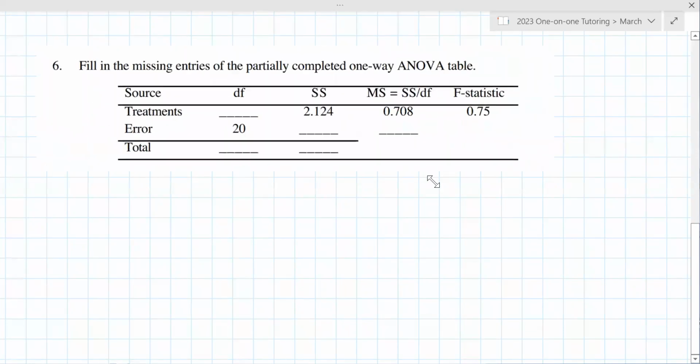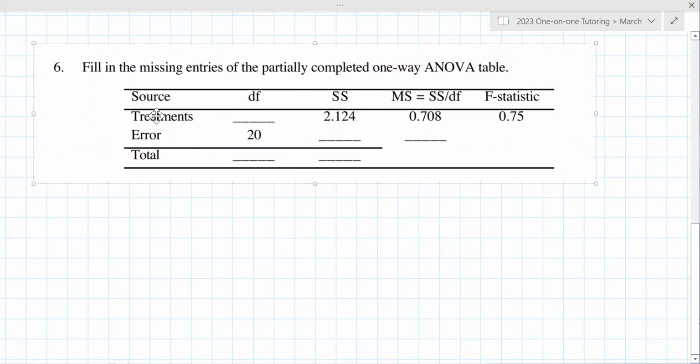Notice that it doesn't tell you, like in your problem, it said it was something to do with potassium. Sometimes it just says treatments. There's actually enough information here to do everything.